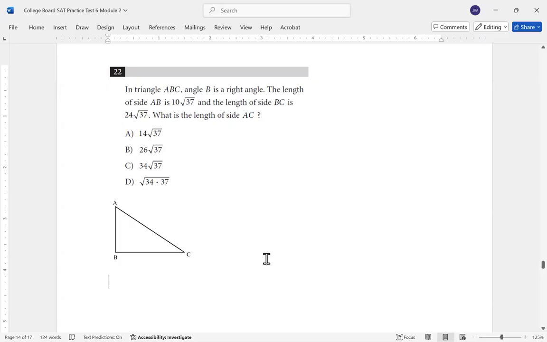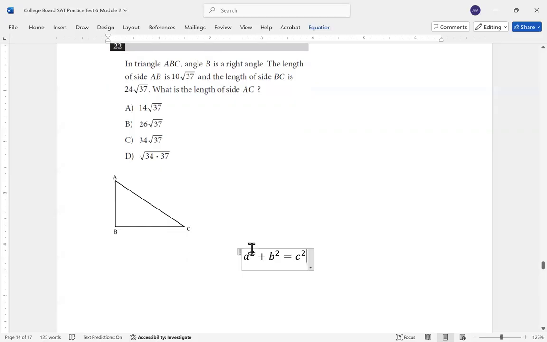Now, since we have a right triangle, we can utilize the Pythagorean theorem that says a squared plus b squared is equal to c squared, where a and b are the legs of the right triangle, and c is the hypotenuse. In this case, one leg will be AB, which has length 10 root 37.